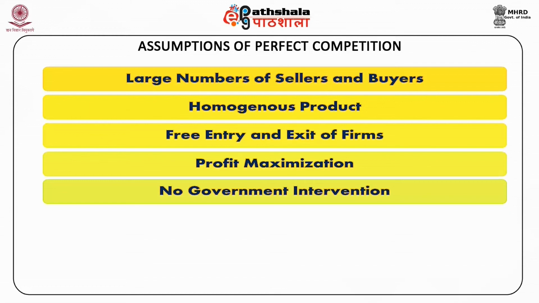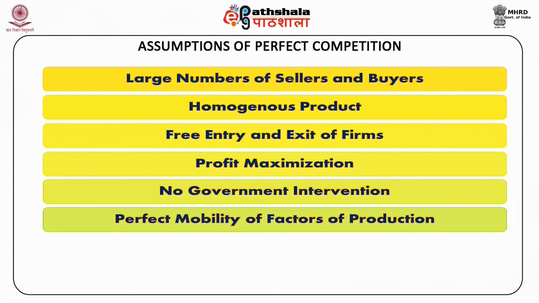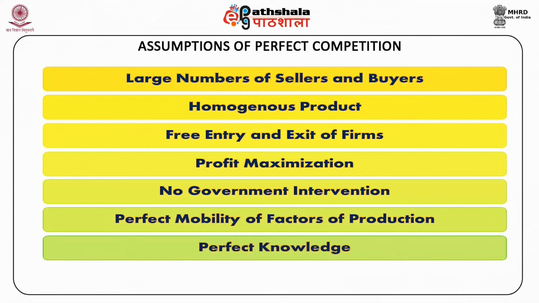These assumptions are required for a market structure to be known as pure competition. However, for a market to be called perfect competition, two more assumptions have to be fulfilled: perfect mobility of factors of production and perfect knowledge. These are the seven assumptions required for a perfectly competitive market.